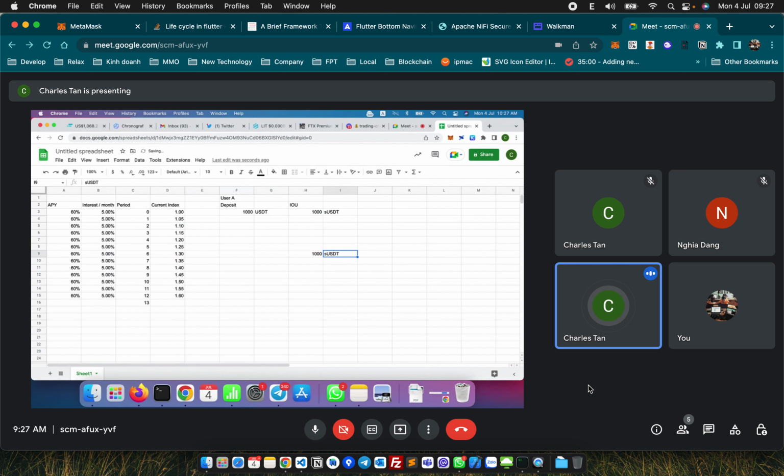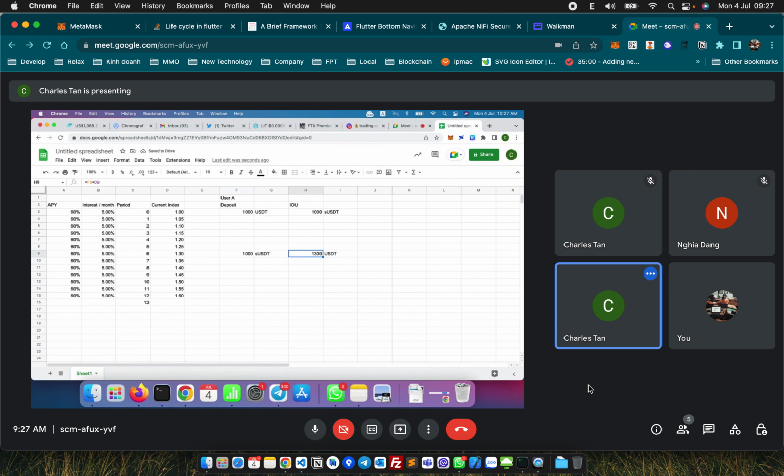But 6 months later, if he wants to withdraw, if he wants to unstake, he's going to take this sUSDT and deposit the 1,000 sUSDT into the unstaking contract, and then he's going to get 1,000 times the current index.